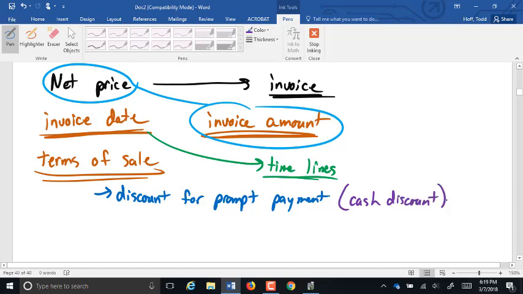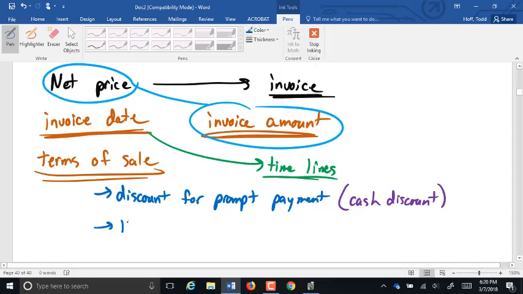It's kind of a misnomer because cash discount used to mean you got a discount if you paid that day. Well, in modern society, that doesn't really happen anymore. So a cash discount has been changed into you get a discount if you pay earlier than you need to, and it'll define those parameters as part of the terms of sale.